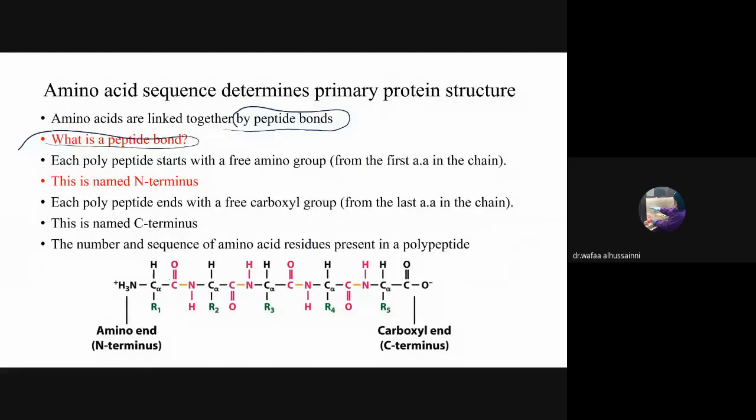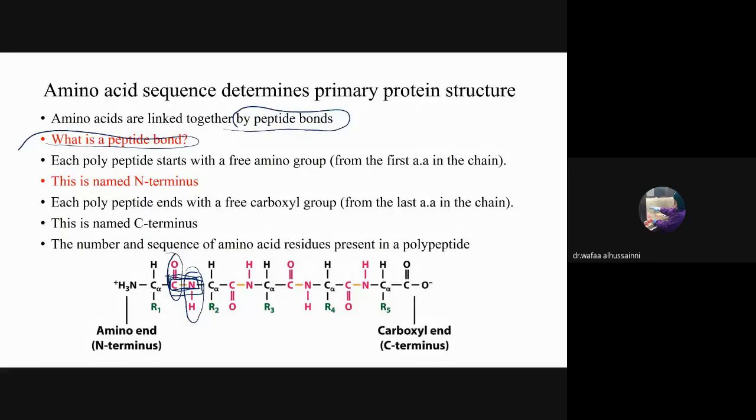Peptide bond is the bond between the carbon from the C terminal of one amino acid and the nitrogen from the N terminal of another amino acid. Okay? So the peptide bond links two amino acids together, right? But from where? From the carbon end of one with the amino end of the other. So it is a carbon-nitrogen bond between two amino acids.